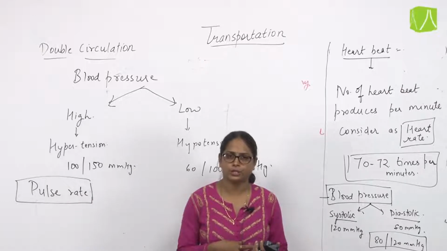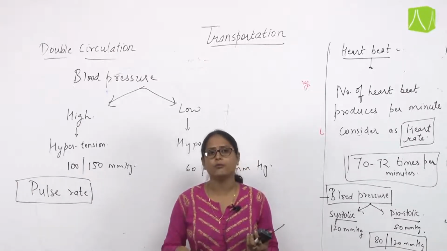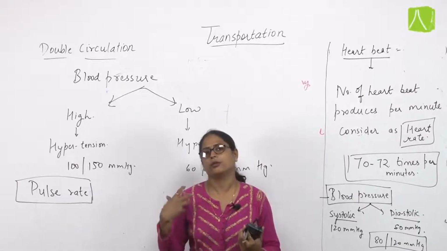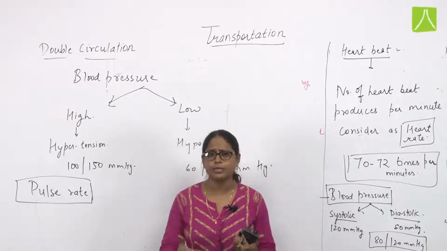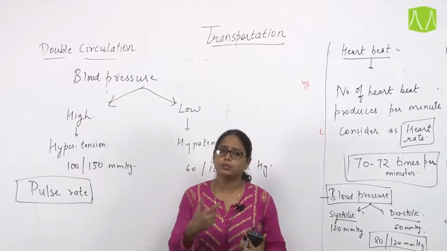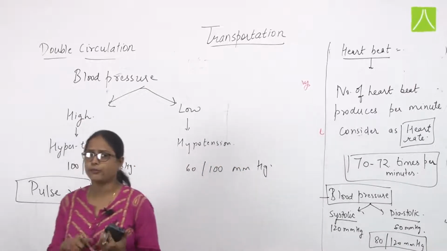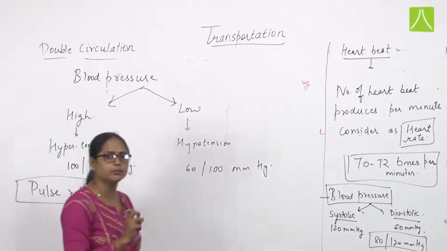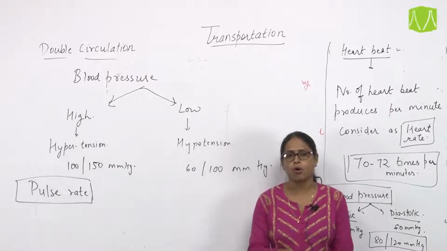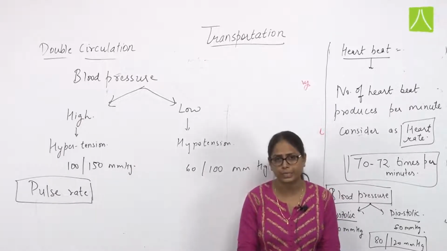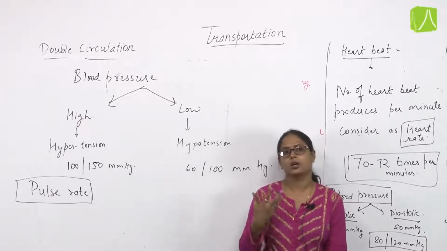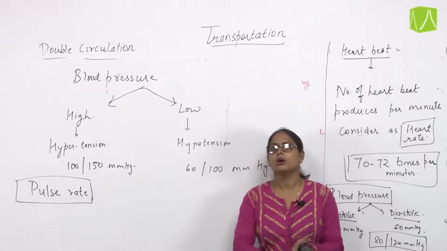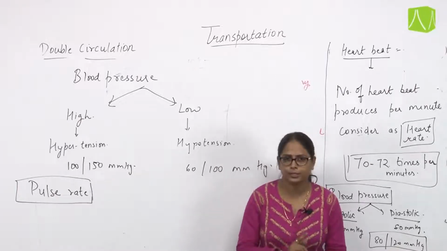So the pressure felt on the wall of the artery, that is the number of heartbeats produced during the systolic phase of the heart and felt in the wall of the artery, is known as the pulse rate. That means pulse rate is basically a measure of the number of heartbeats felt during contraction of the heart, and it measures the pressure on the walls of arteries only.